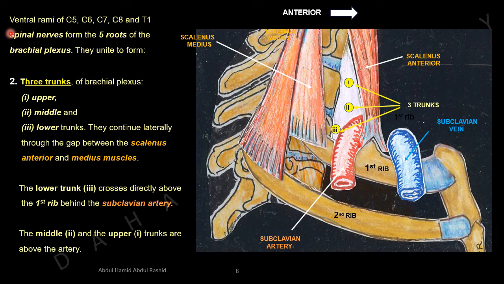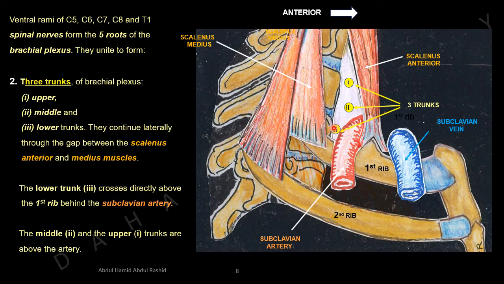Ventral rami of C5, C6, C7, C8, and T1 spinal nerves form the roots of the brachial plexus. They unite to form three trunks of the brachial plexus: the upper trunk, the middle trunk, and the lower trunk. They continue laterally through the gap between the scalenus anterior and scalenus medius muscle.